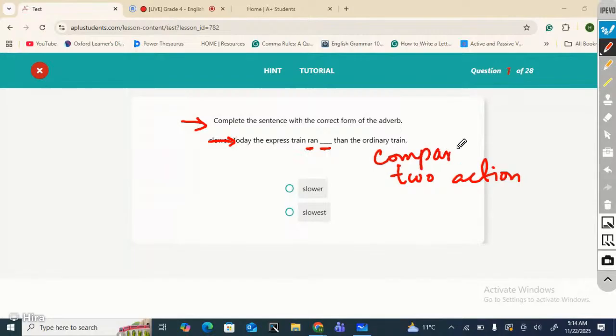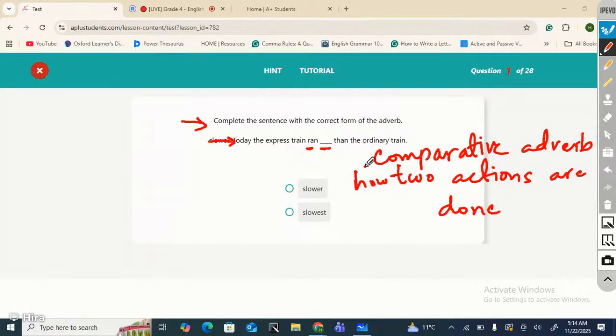Comparative adverb is used to show how two actions are done. How the express train ran, how the ordinary train ran. So, the comparison between the actions of two things.